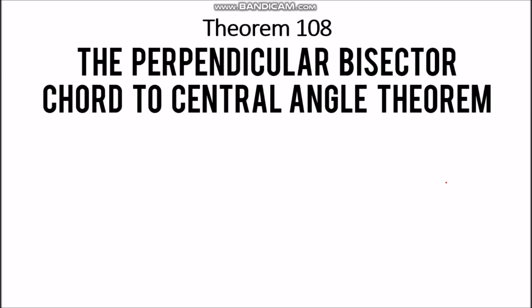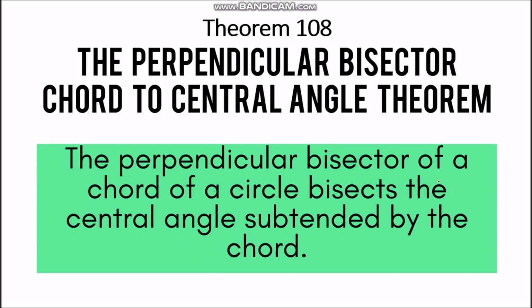Next we have Theorem 108, the perpendicular bisector chord to central angle theorem. The perpendicular bisector of a chord of a circle bisects the central angle subtended by the chord. Again, we have the perpendicular bisector, so it forms a right angle and at the same time divides the chord into two congruent parts.